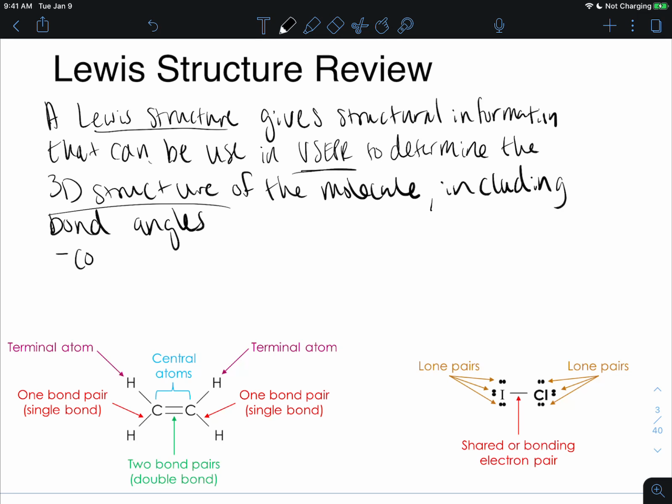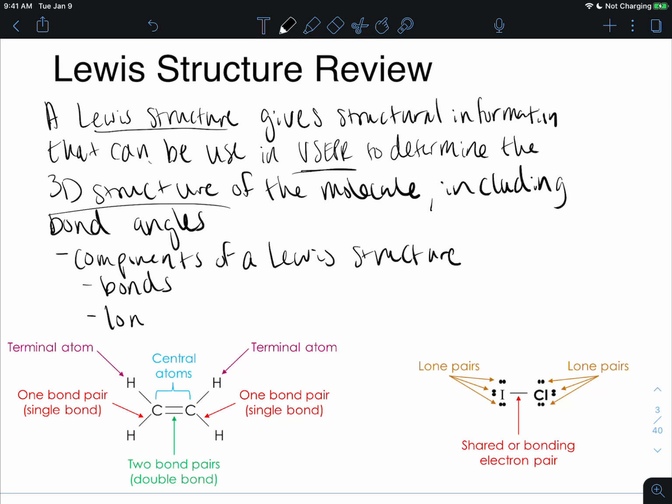The components of a Lewis structure include bonds, lone pair electrons, central atoms, and peripheral or terminal atoms.